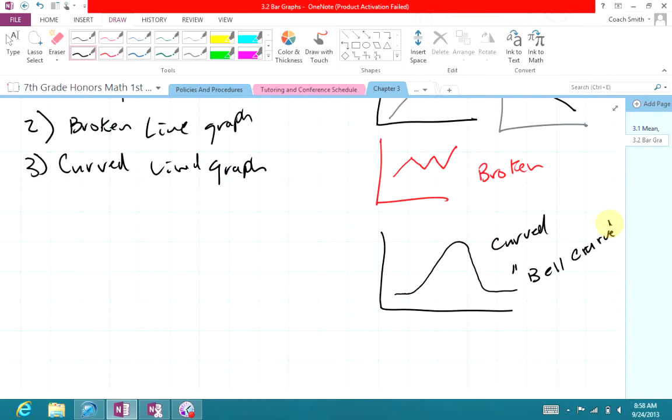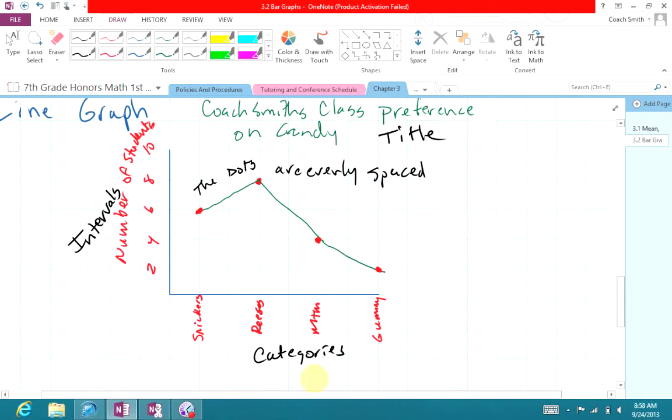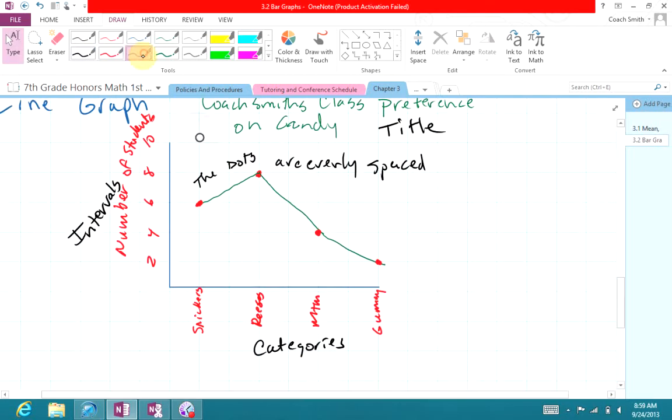Okay? Not real hard. You can have double line graphs. For example, you could have another line in here that maybe did this.